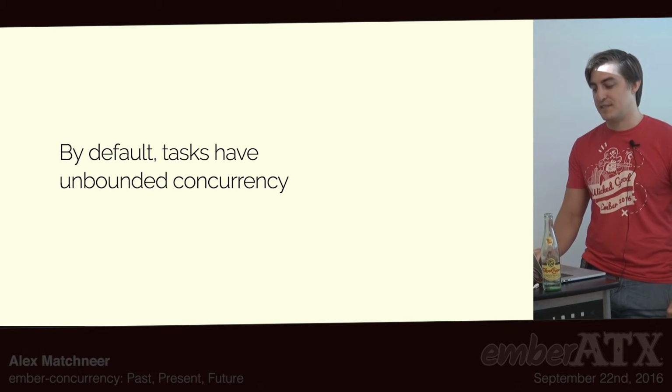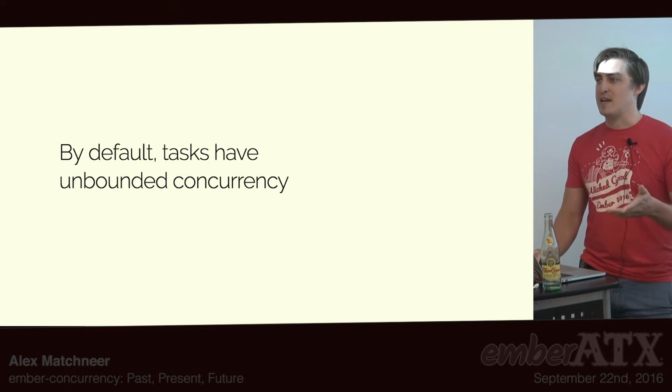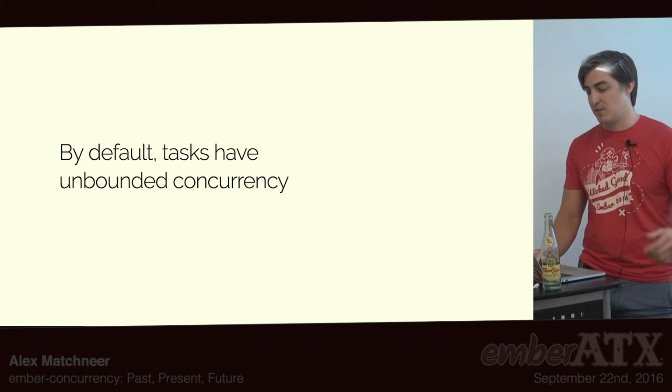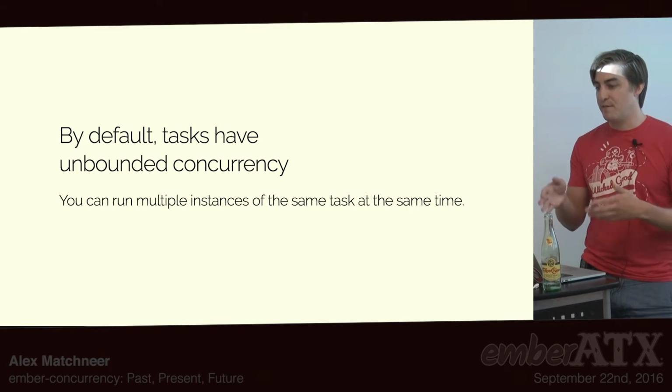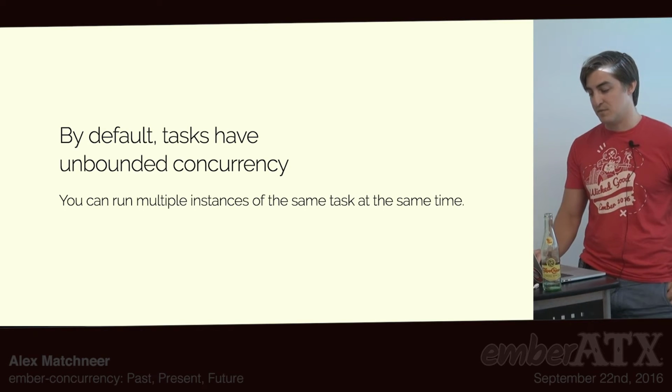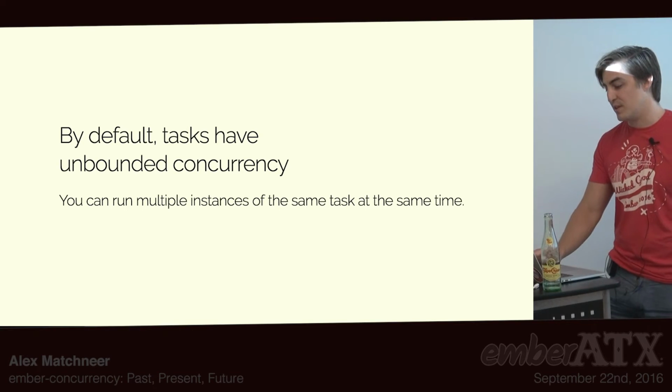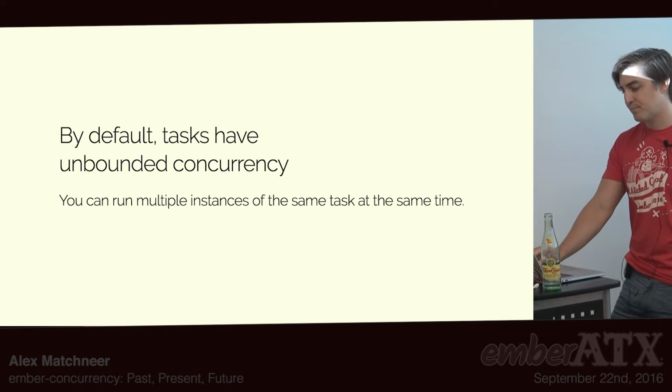Another way of putting this is that tasks by default, like any action that might spin up a promise, have unbounded concurrency: there's nothing stopping it from running infinite instances of itself. So something needs to come in and do that, hopefully something within the Ember concurrency API.